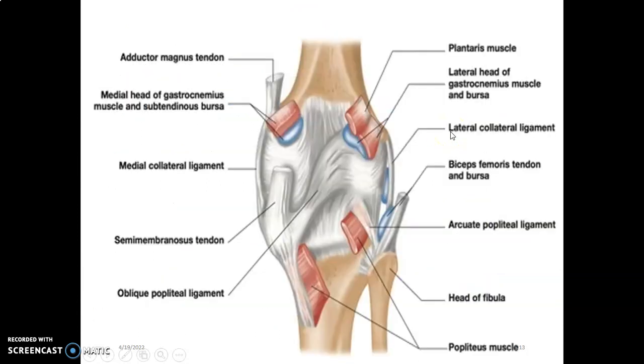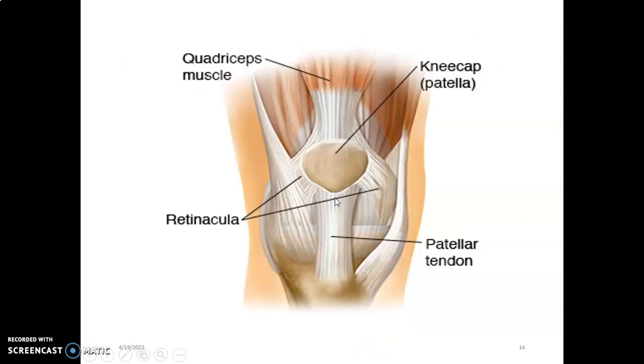Okay. So this is what we are discussing. Here is your arcuate popliteal ligament. Here is your oblique popliteal ligament from the semimembranosus. Here is your medial collateral or tibial collateral ligament, and the lateral collateral ligament. And you can appreciate the bursae that we find in the knee. We have a bursa around semitendinosus, a bursa around the lateral head of gastrocnemius, and a bursa around biceps femoris. Just appreciate the ligaments at the knee, and these are what ensure its stability.